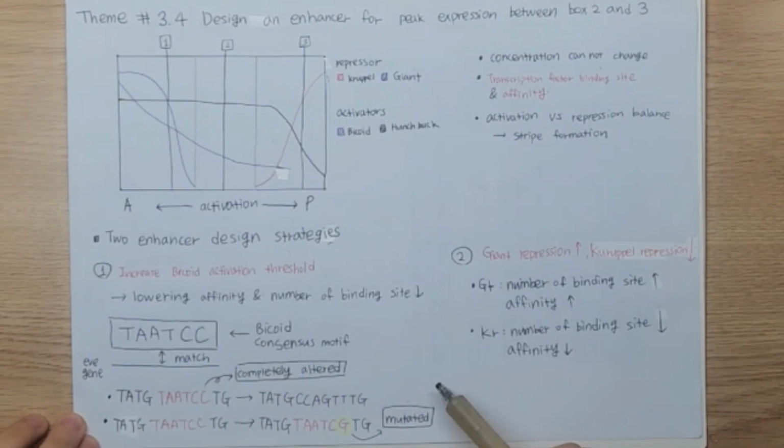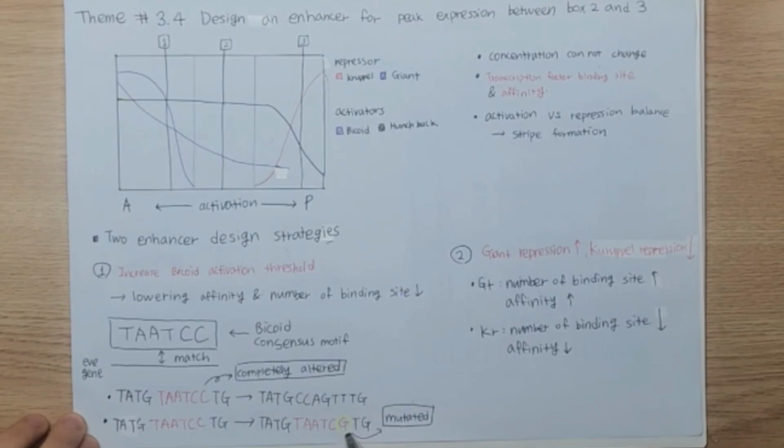Therefore, the sequence in the eve gene that matches this motif can be completely altered to reduce the number of binding sites. Or, the core motif can be mutated, for example, from TAATCC to TAACG, to lower the affinity.